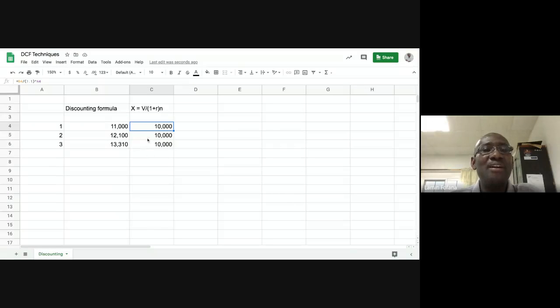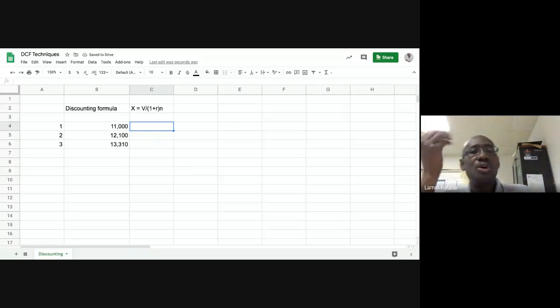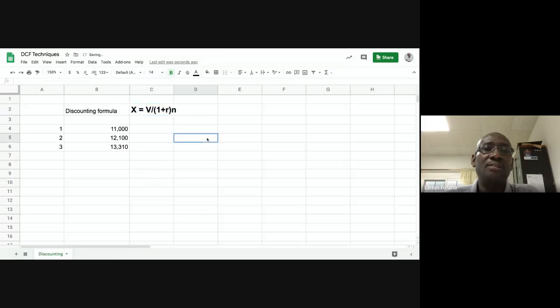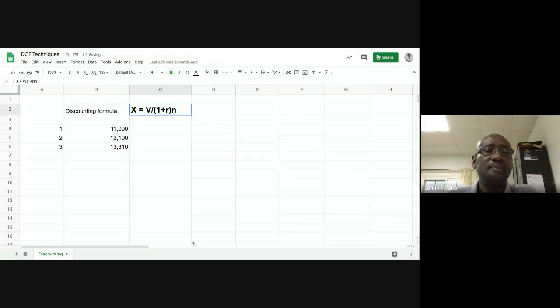Wow, okay. I'll go over it again. So we are trying to do discounting. We've all seen that this is the formula for discounting. In discounting, what do we look for? We look for today's value.